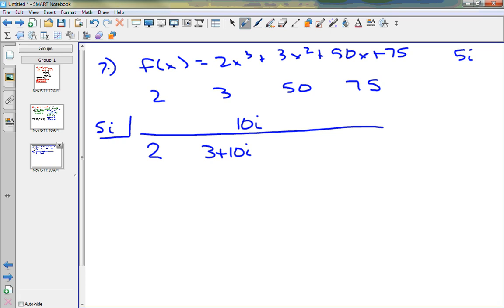Well, 3 times 5i is 15i. Notice I'm putting that over here. And 5i times 10i is going to be 50i squared, which is negative 50. So those cancel out, but I'm left with 15i still. Well, 15 times 5 is 75, and i squared is going to give you a negative 1, so that's negative 75 to give you 0.